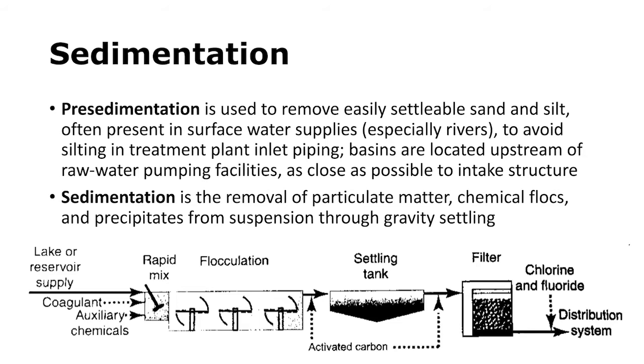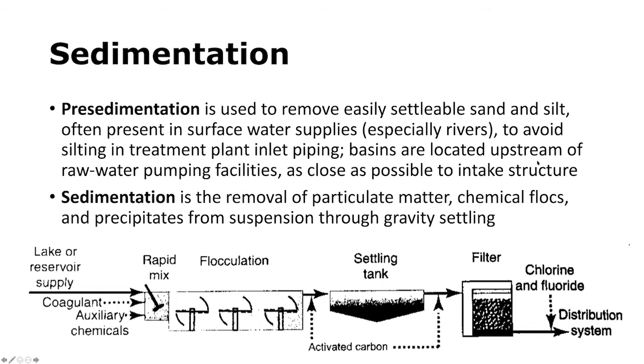That pre-sedimentation is used to remove easily settleable particles like sand, grit, and silt, which we would often find present in these river water supplies. This will avoid silting up inlet piping in the treatment plant, and overall provide better performance of the system over the long term without the need for so much maintenance.